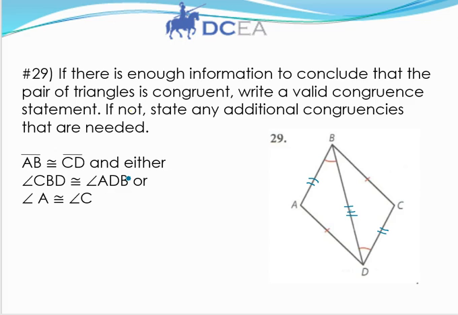And you could say angle CBD is congruent to angle ADB, or you could also state that angle A is congruent to angle C. Remember that if you set up two angles in congruency, you don't have to mention the third.